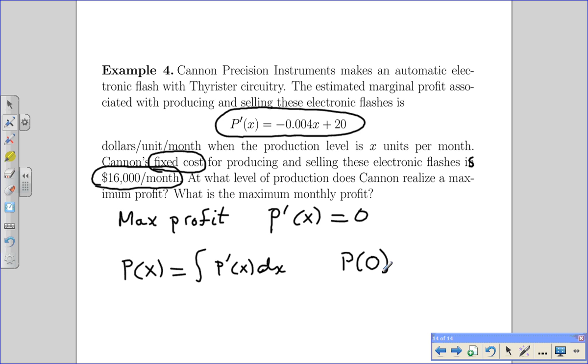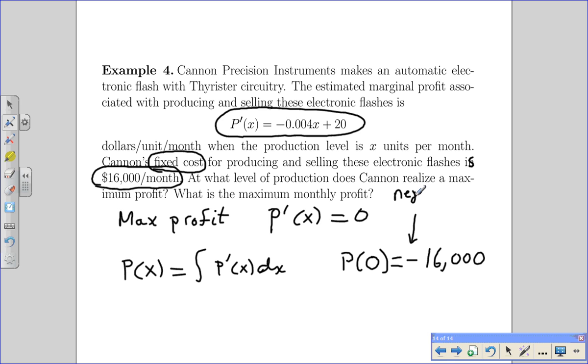And since that P function is a profit function, that means that any cost I have comes out of my profit. So I have to put that as a negative. I'm going to make a note of that.